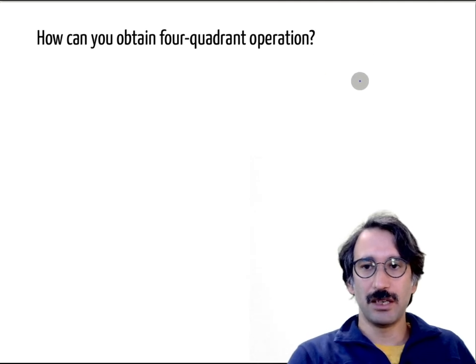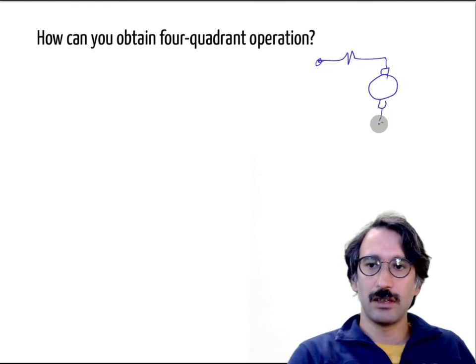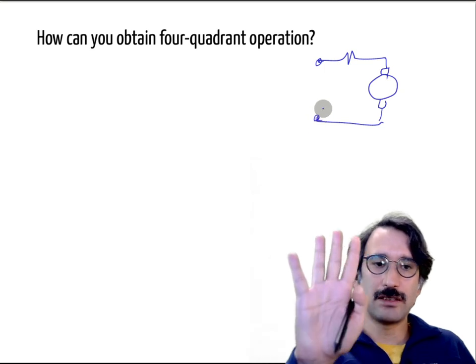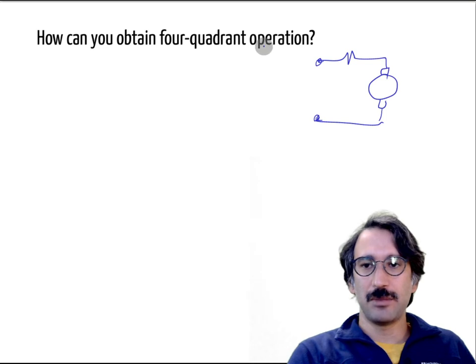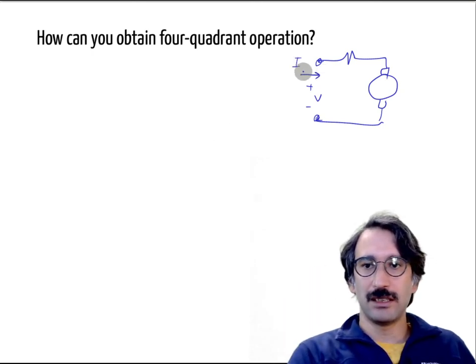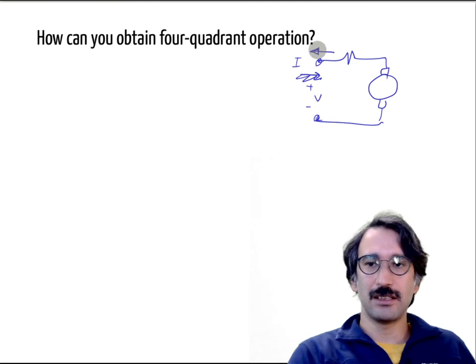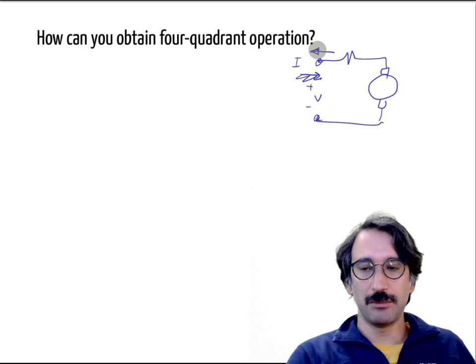If you remember from machinery last year, if you have a motor, there are 4 quadrants in which you can control it. It can operate with the voltage and current like that, forward motoring, or you can have the current in the other direction, which is forward generating or braking.